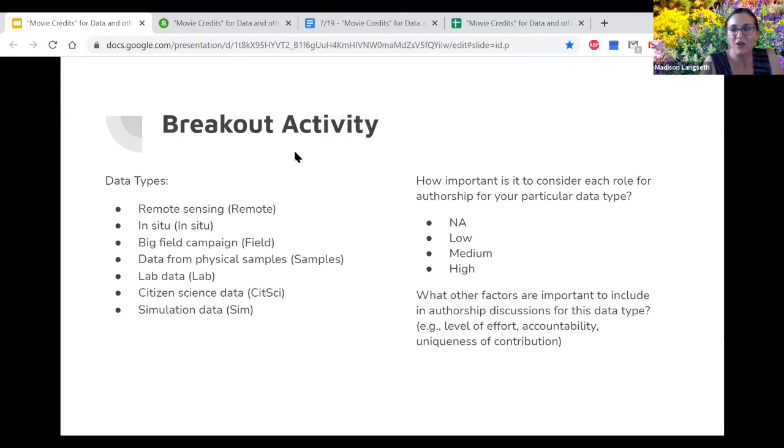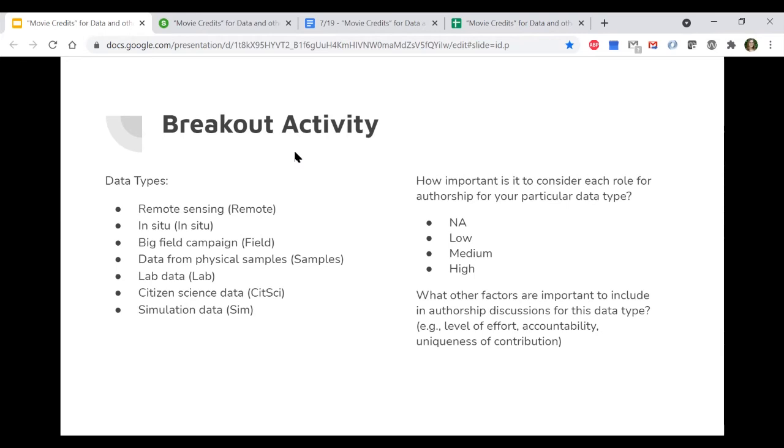Citizen science data, so you have a large collection of folks who are going out and collecting data as volunteers and submitting them back to a larger effort. And then simulation data, produced from models.